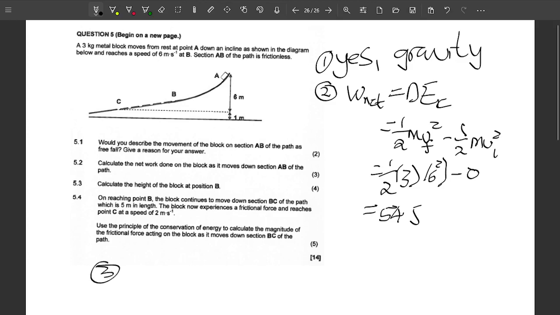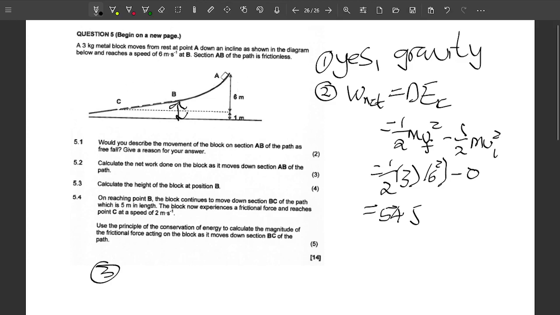For that question we are asked to calculate the height of the block at position B. So they're asking for this height. When it comes to the height, let's look at it from this perspective: this has not much to do with changing in terms of x, we're actually changing in terms of y.